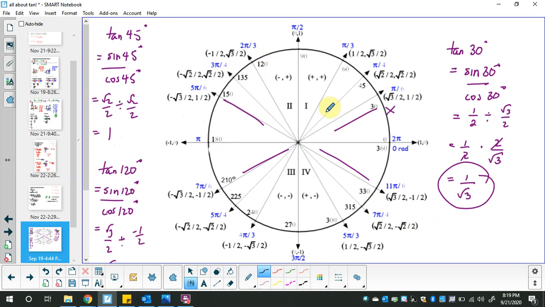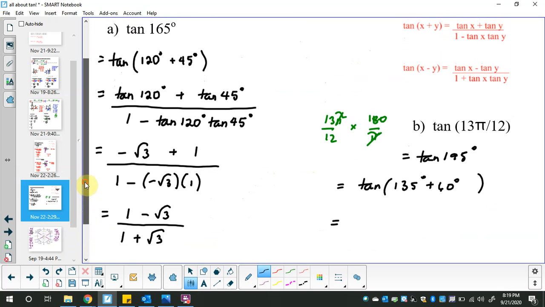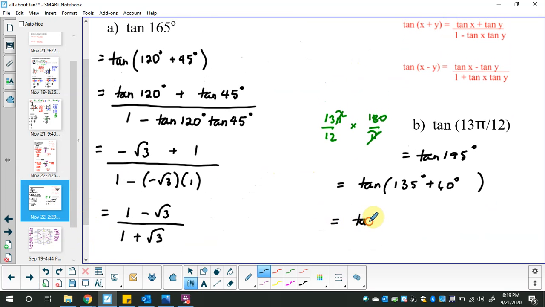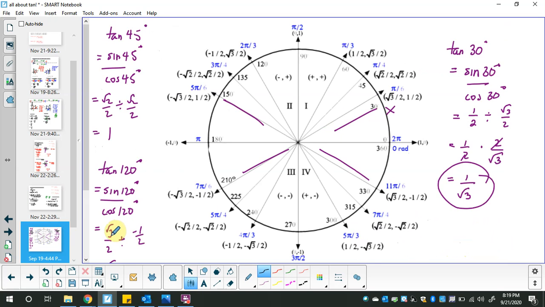Remember, your 45s are always good. 60 is good enough. So let's try this using the exact same information as before. This is another plus, so I need to make that visible. Tan 135 plus tan 60, all degrees, over 1 minus tan 135 times tan 60. Now the only thing that's wrong with this is that I have to start from scratch.